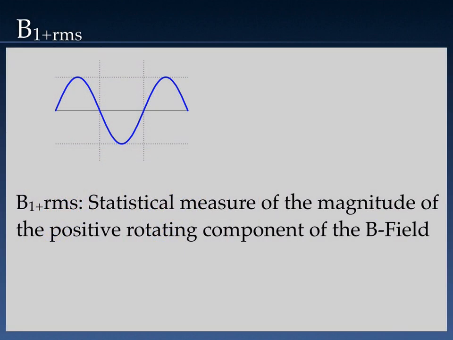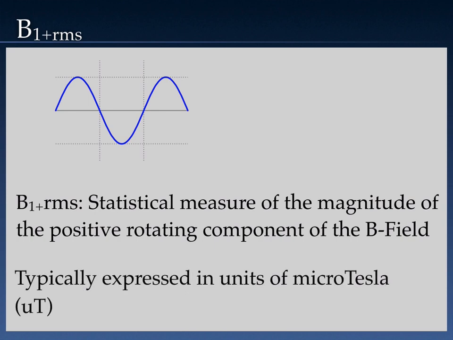To summarize in a single statement, B1+rms is a statistical measure of the magnitude or strength of the positive rotating component or subfield of the B1 field. And it's typically expressed in units of microtesla.